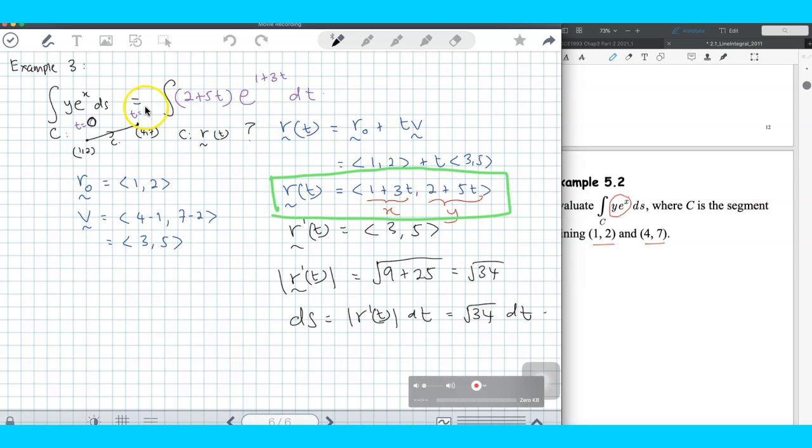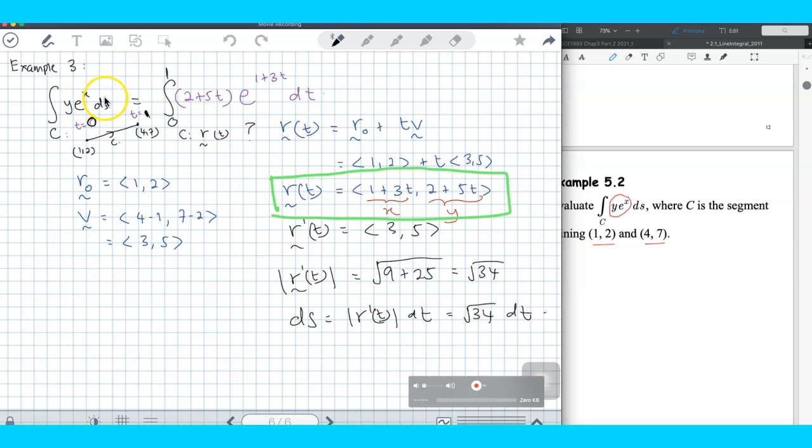And now tell me what is the value of t so that the x is 4 and the y is 7. So t is equal to 1. Then from the points we can determine the t. So the t is from 0 to 1.